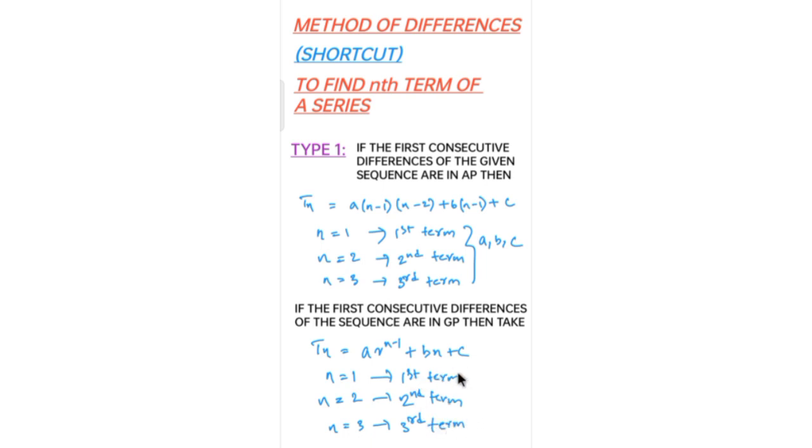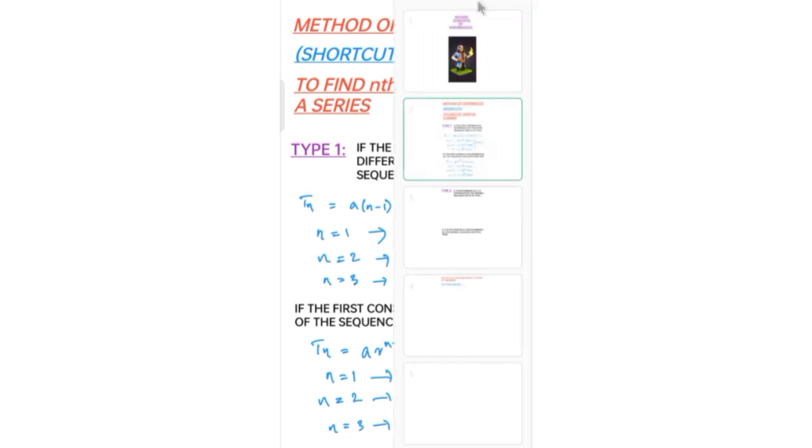So this is how you do this. These examples come under the first type, where the first set of differences are in AP or in GP.